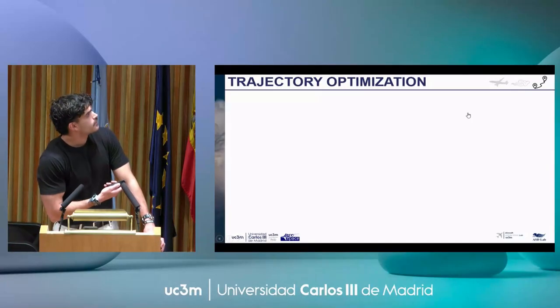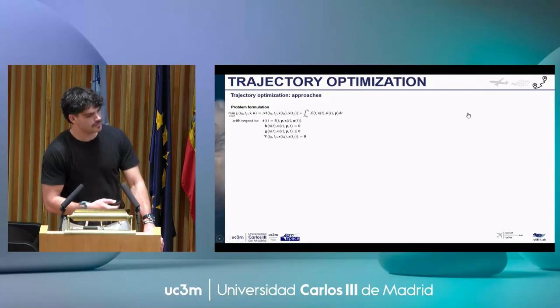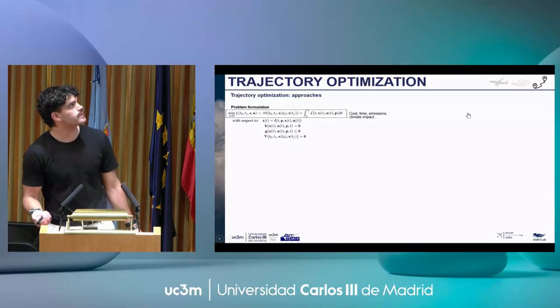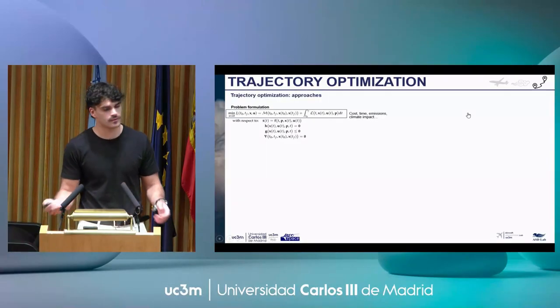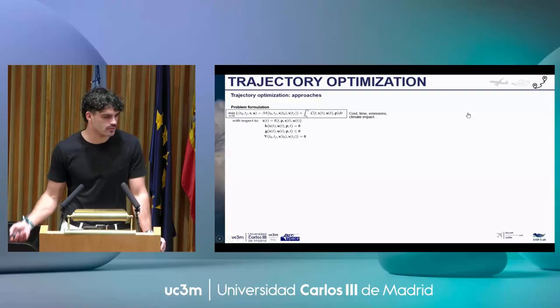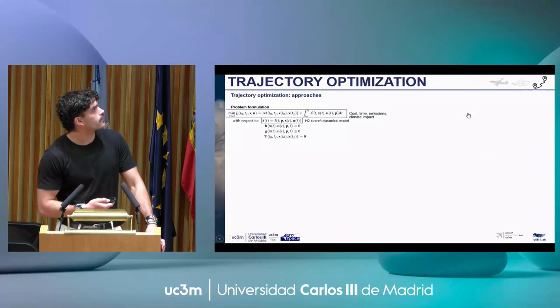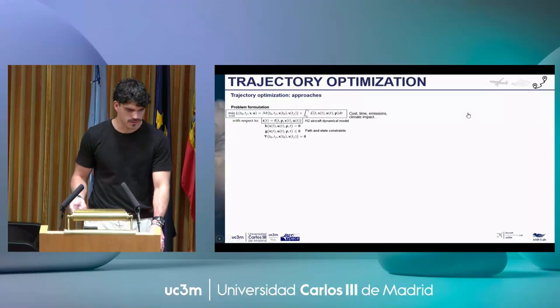Going to the last part, trajectory optimization. So basically in trajectory optimization, we try to solve this kind of problems. We try to solve this objective function or performance index in order to reduce time, cost, or emissions or climate impact. Also regarding the dynamical model of the aircraft itself and the path and state constraints.